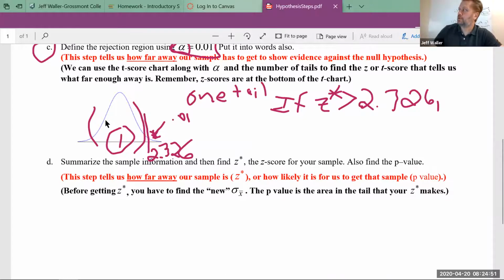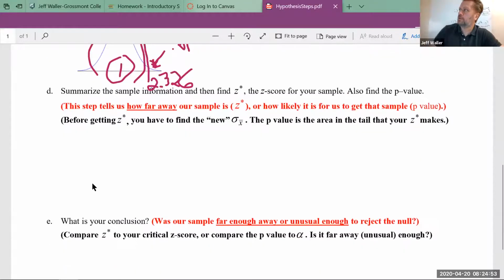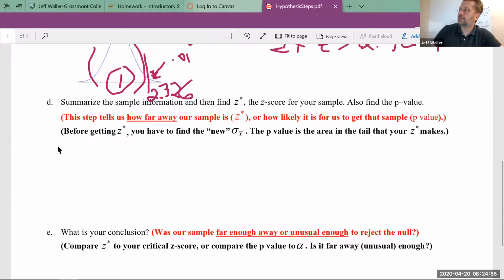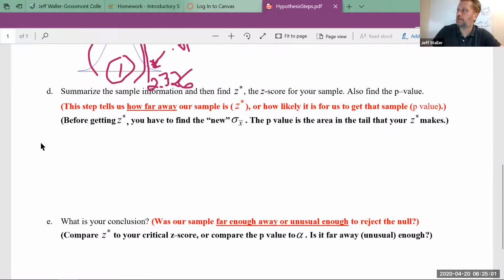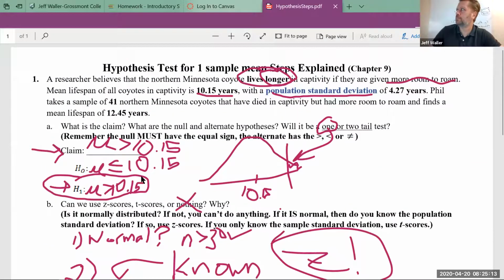So step D is going to be very familiar. Can somebody take a minute, read through this, and summarize the sample information? So figure out what X bar is. This is not too much sample information. What's X bar, or what's N? That's really all I need here. So what is X bar in this problem? Be really careful.